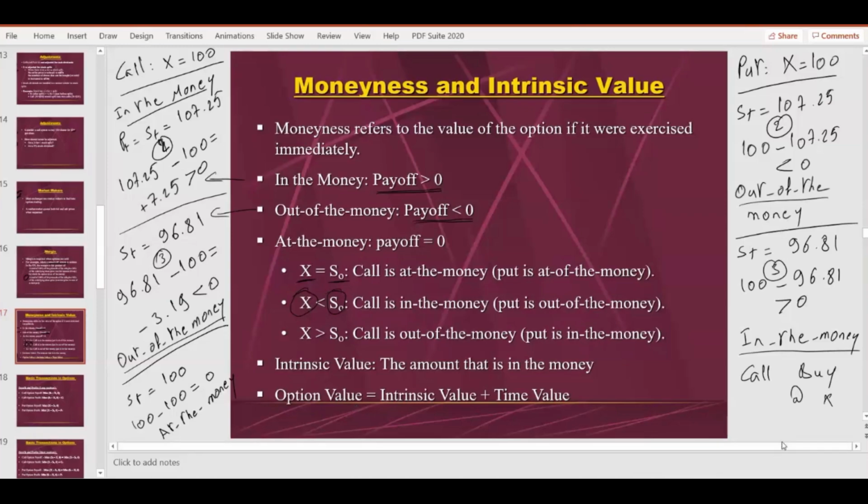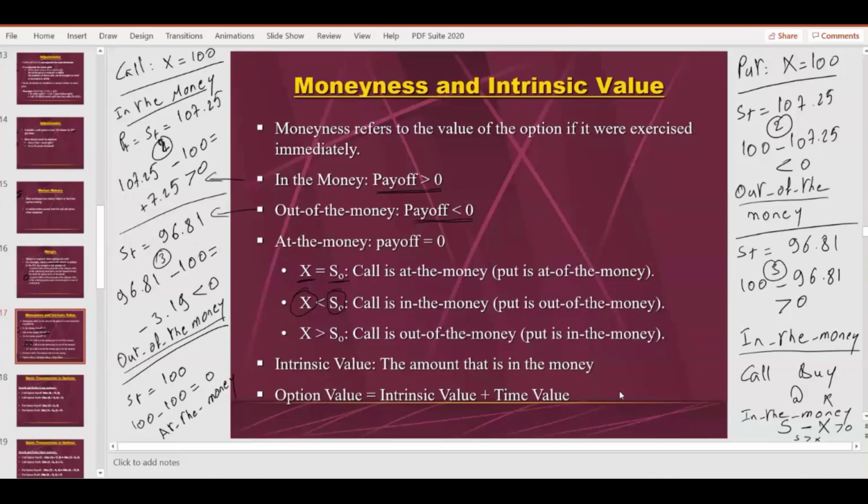So when you determine the payoff, you will have minus X, because you're going to pay the price X and you will be selling at the market price S. So for this option to be in the money, S minus X should be greater than 0, or S should be greater than X. So this is the condition to have an in the money call option.